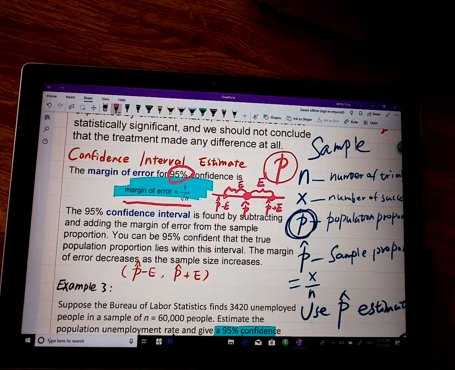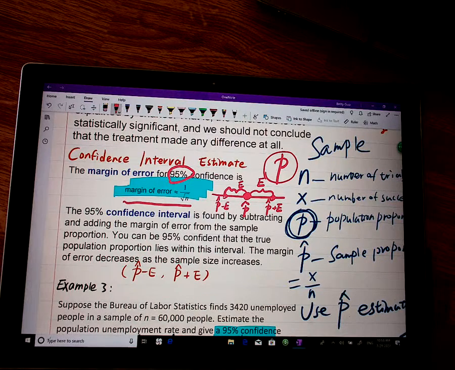The 95% confidence interval is found by subtracting and adding the margin of error to the sample proportion p hat. You can be 95% confident that the true population proportion p lies within this interval.